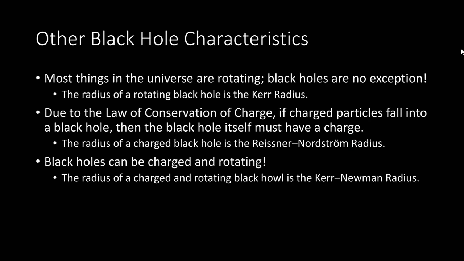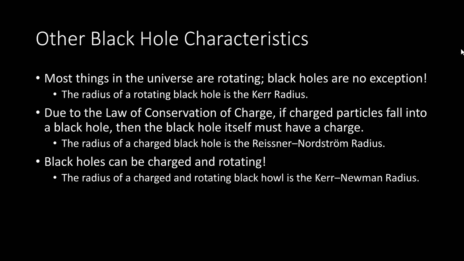If I had a neutrally charged black hole and then an electron fell into it, now my black hole has a negative charge. The radius of those charged black holes is the Reissner-Nordström radius. And then, of course, a black hole could be rotating and charged, and then its radius would be the Kerr-Newman radius.